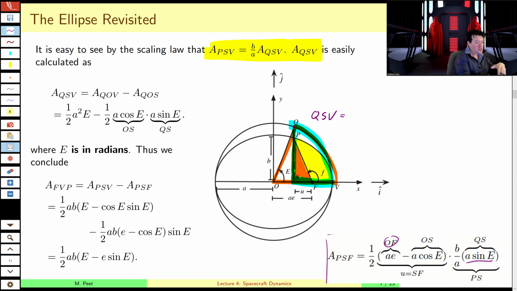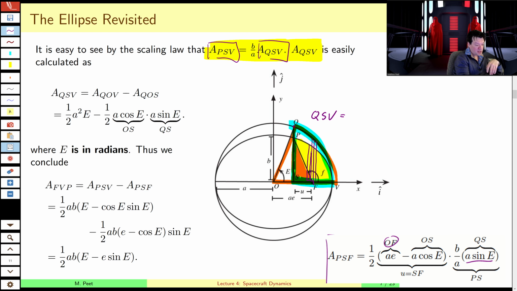Of course, we're not interested in QSV. We're interested in PSV. However, we can notice that if we integrate this section along x, the integral is just the summation of these infinitesimal bars.